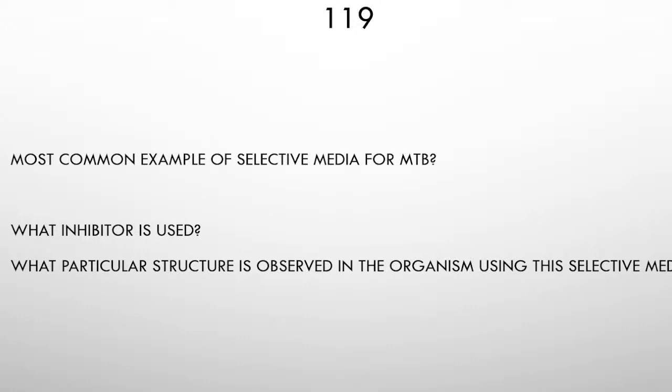Malachite green. I mentioned earlier, malachite green is a stain used for acid fast bacilli staining, right? Correct. Now, Much granules are also observed when the MTB or Mycobacterium tuberculosis is grown in this selective medium. Much granules. That's the answer to the third bullet.